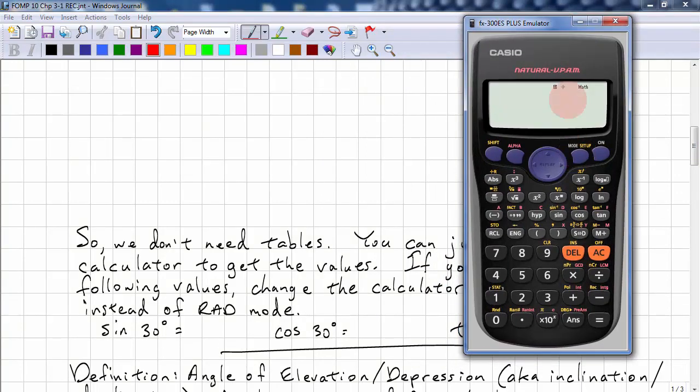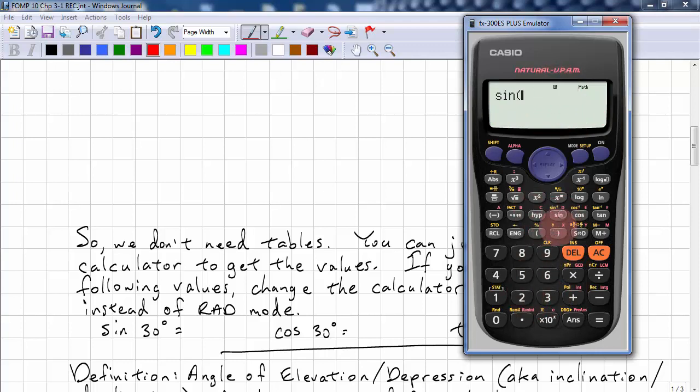So we just have to make sure that we're in the correct mode, because there are different ways of doing trig. There's degree and radians, and sometimes your calculator might be in radians mode if somebody else is using it. We just need to make sure it's in degree mode, and that's with this little symbol here.